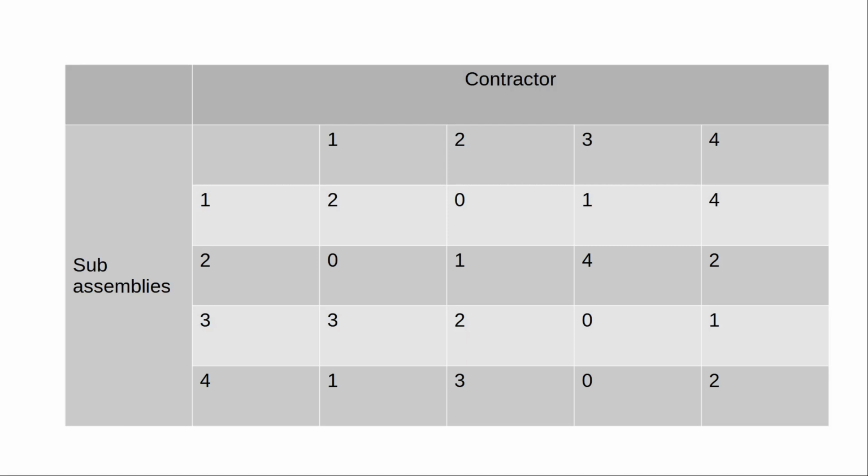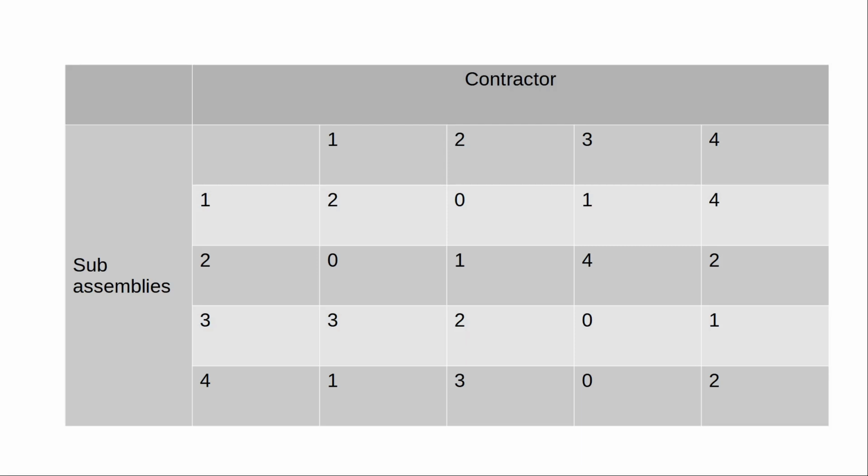Now, observe here, in column number 4, we don't have any 0. What do we do here? We take the least entry here, which is 1, and subtract it from all other entries in the same column. So we subtract 1 from 2 above, 1 from 2 below, and 1 from 4, which is first in the column.